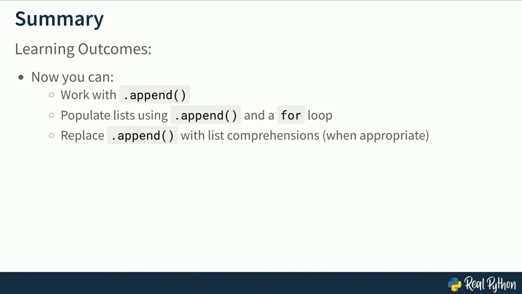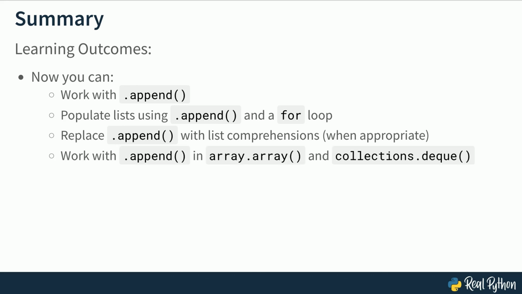Remember, list comprehension is great, but if you need to do additional processing while building the list, you need to go back to the for loop and using append. You learned how to use append in other data structures like arrays and decs. Speaking of data structures, you also learned how to implement two very common data structures, stacks and queues, and saw how the append method is used in those implementations.